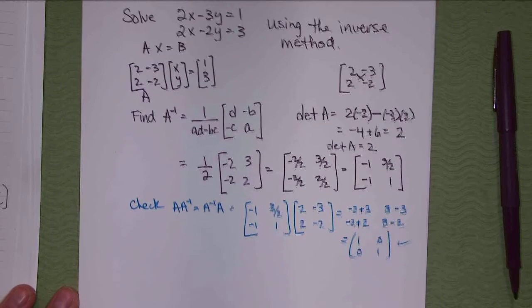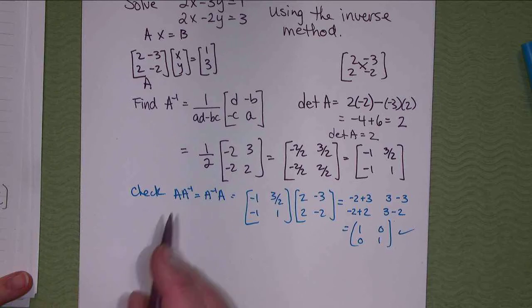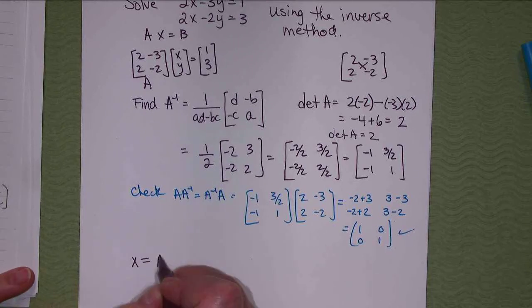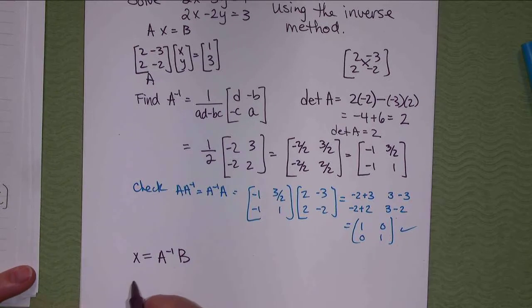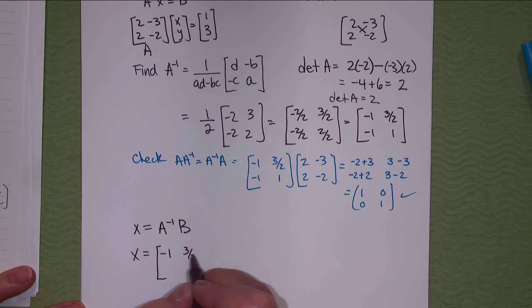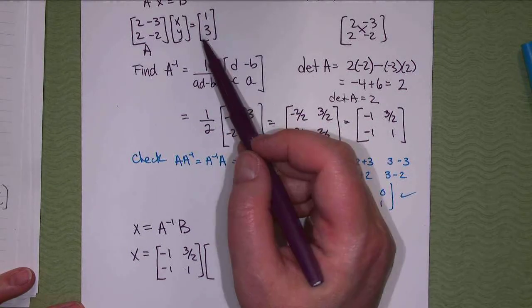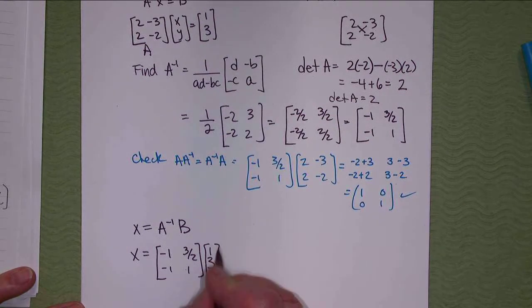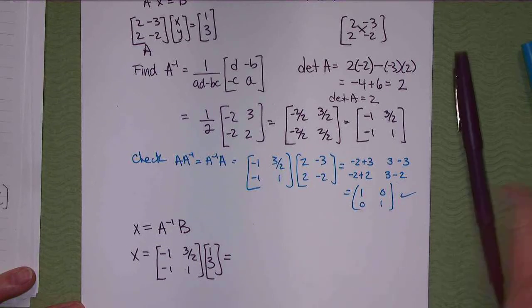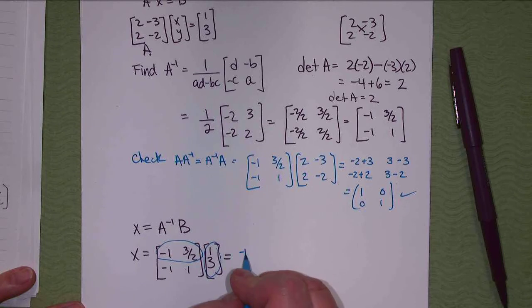So far, so good. Then what do we do with the inverse? So x is equal to A inverse times B. So A inverse. And what's B? 1, 3. Multiply. 1 times minus 1 plus 3 over 2 times 3.